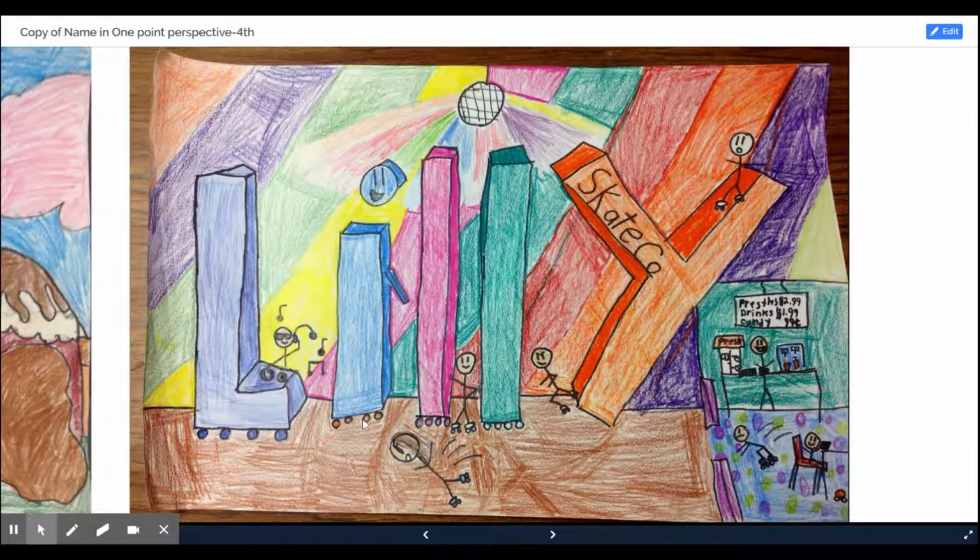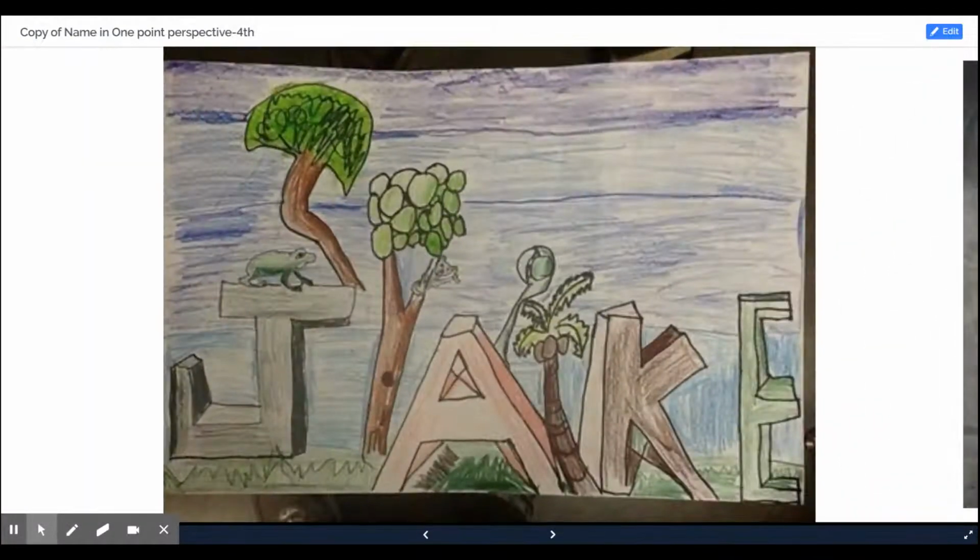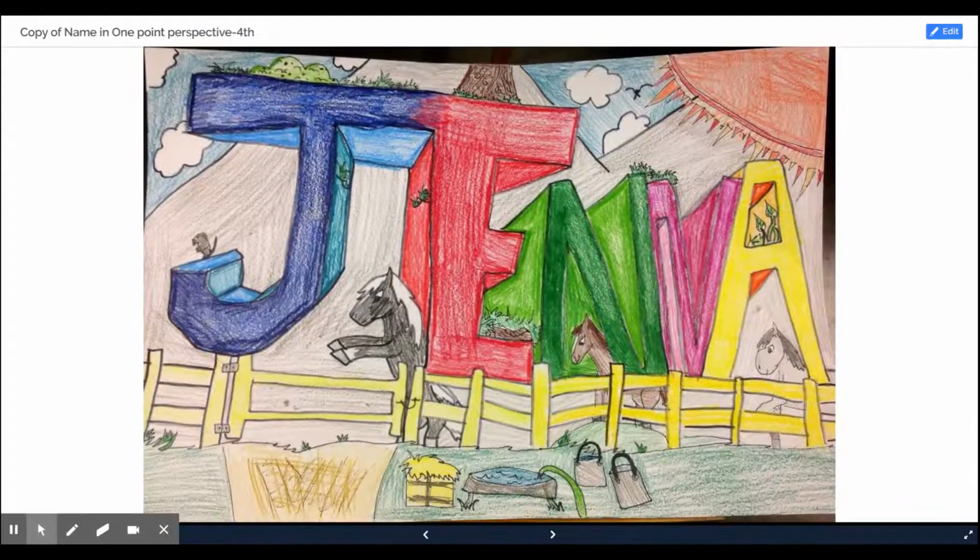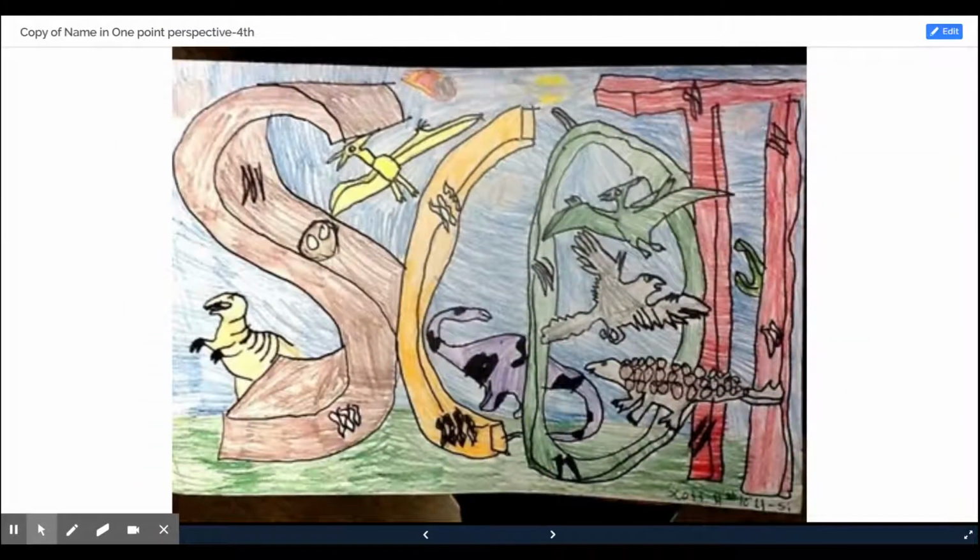Even the letters themselves have wheels on. Jake had lots of animals crawling on his. And Jenna had a whole scene with different farm animals. I really like how Scott had his letters being affected by the dinosaurs, so the letters are actually getting damaged.